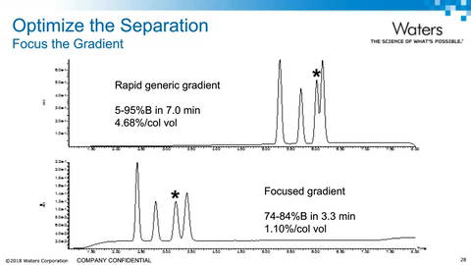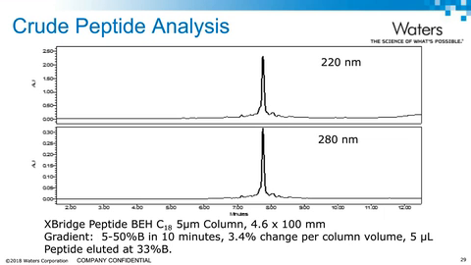Okay, so now let's look at a focused gradient where we apply this technique to a crude peptide. This slide shows a pretty typical crude peptide looking at 220 and 280 nanometers.